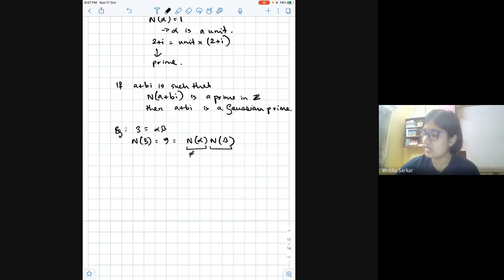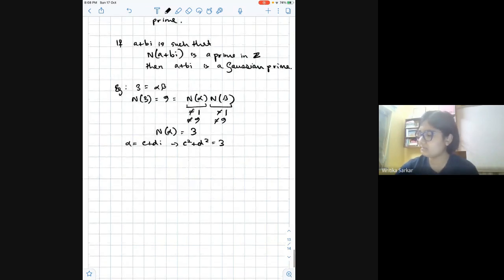This is not equal to 1, and this is not equal to 1, which also means that this is not equal to 9. The only possibility is that the norm of alpha is equal to 3. So if you write alpha as some c plus di, then you have c squared plus d squared equal to 3. But you can check by hand that 3 cannot be written as a sum of two squares in any possible way. So this is not possible, right?